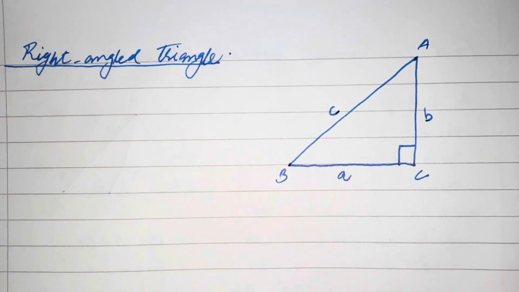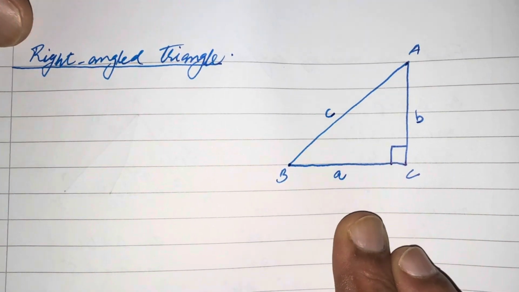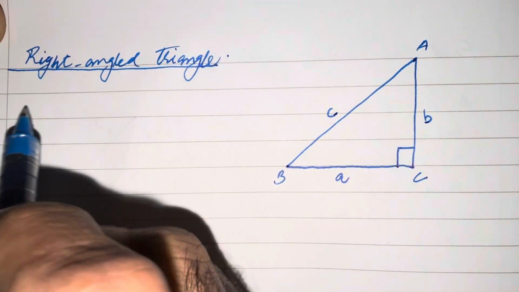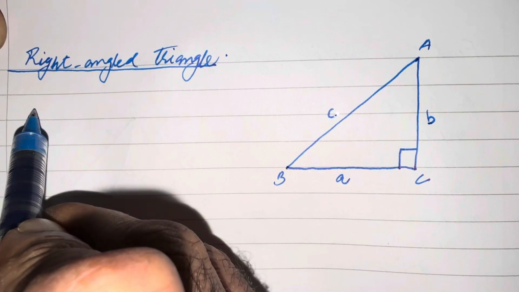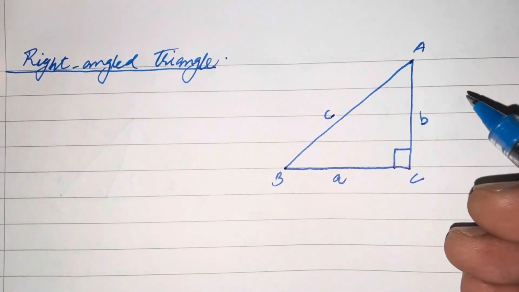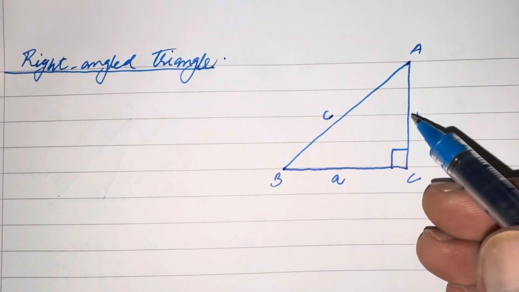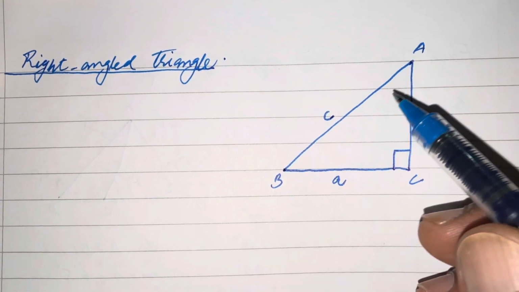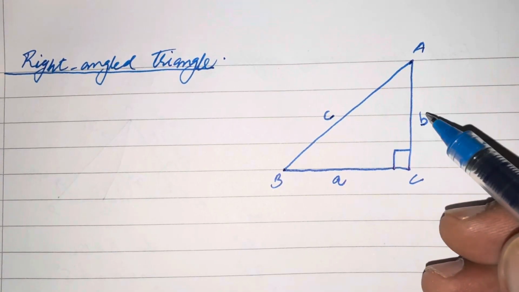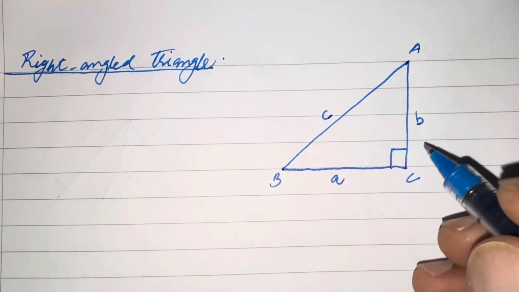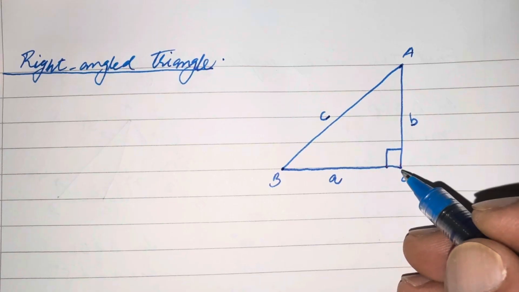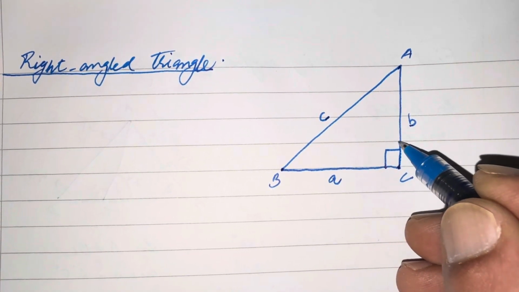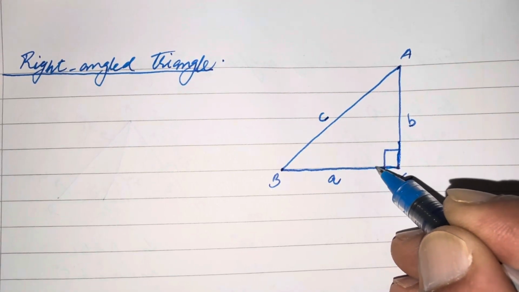Now, by using the Pythagoras theorem, what does he say? One more thing I'm going to tell you about the sides. The triangle has three sides, in which the two sides making the right angle are called the legs of the triangle.